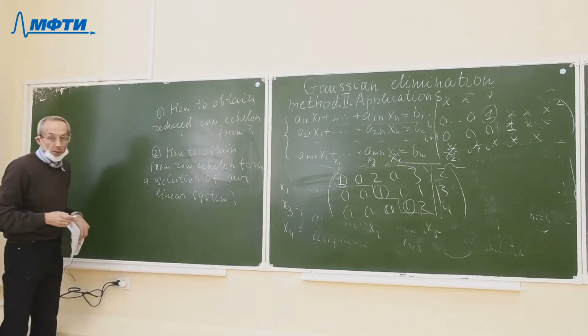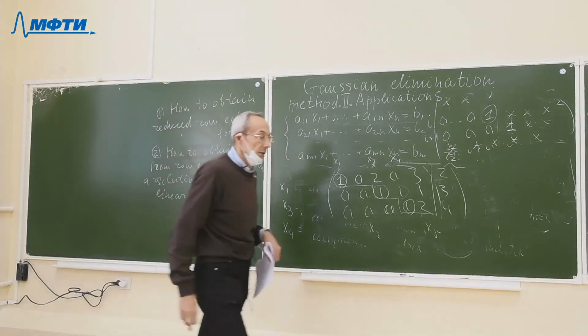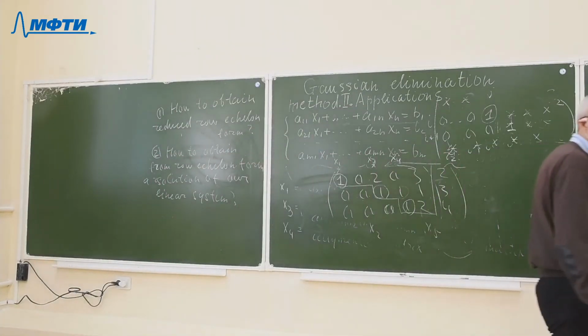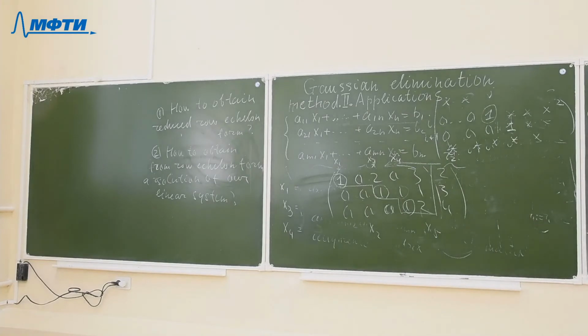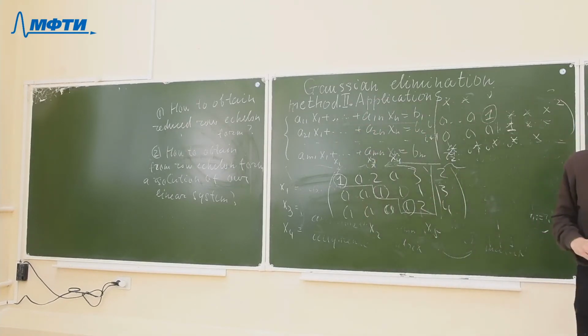We have two problems: first, how to obtain echelon form, and second, how to obtain the solution. The answer is the same. We will use the Gaussian elimination method.